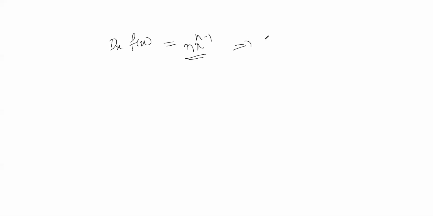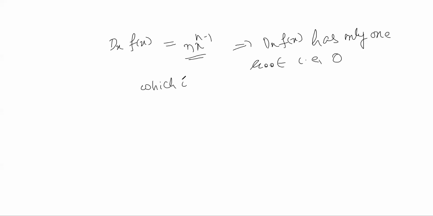So this means d/dx f(x) has only one root, that is 0, and which is not the root of f(x). वो 0 तो f(x) का रूट नहीं है. So this means f(x) is separable. Okay, thus f(x) is separable.